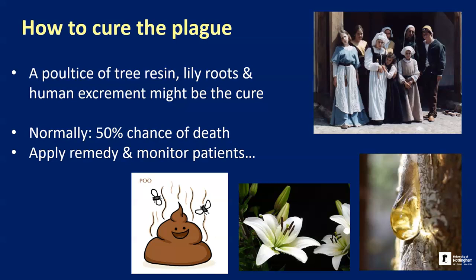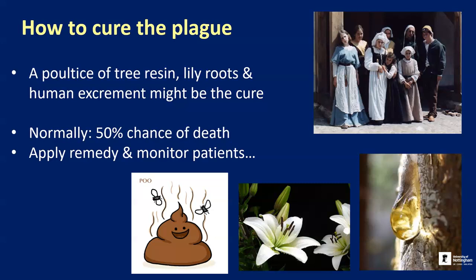I want to put you in the role of the government trying to review whether this is a useful treatment that should be rolled out in pharmacies across the medieval world. So let's start with some basic facts about plague. I've made these up, but this is to illustrate the point. Let's just assume that if you catch plague, you've got a 50% chance of death.